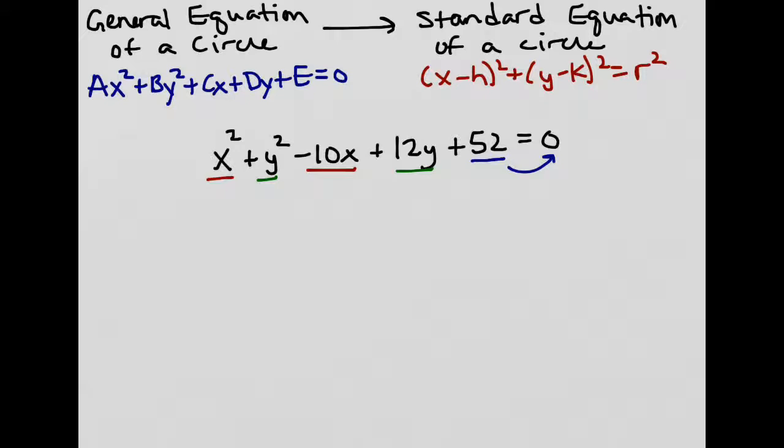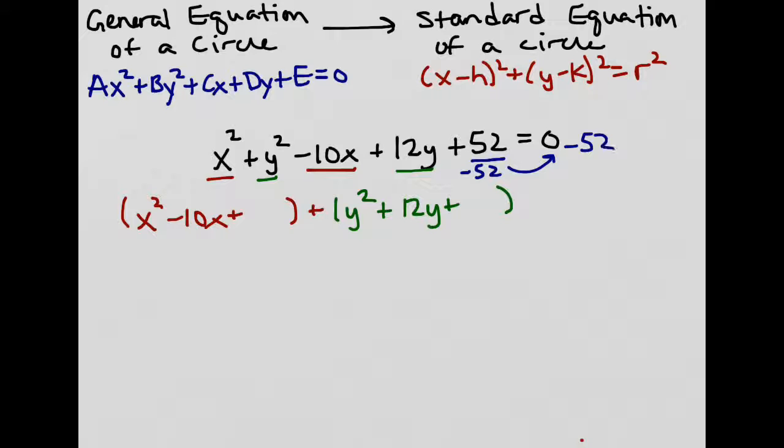So I'll start with my x terms: x squared minus 10x, plus, leaving a space, my y terms, y squared plus 12y, and leaving a space. I'm moving the 52 to the other side, so I'm going to subtract 52 from both sides. So that equals negative 52.